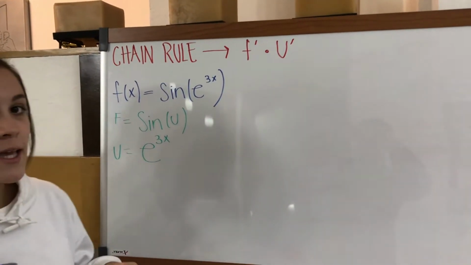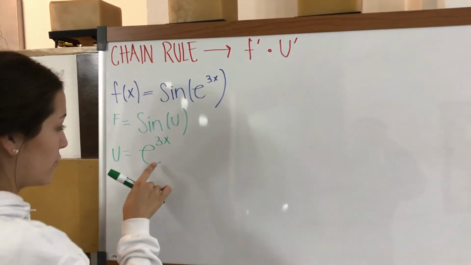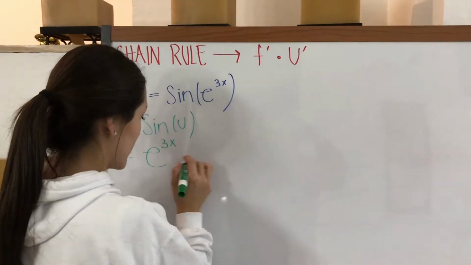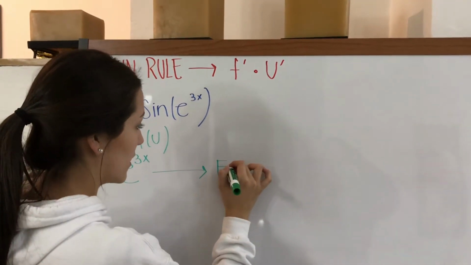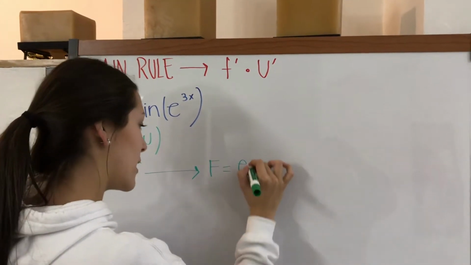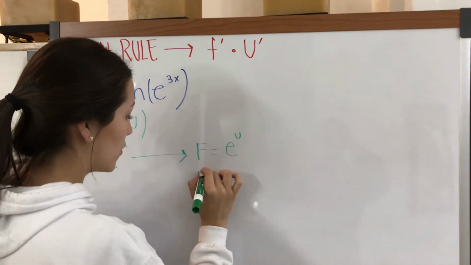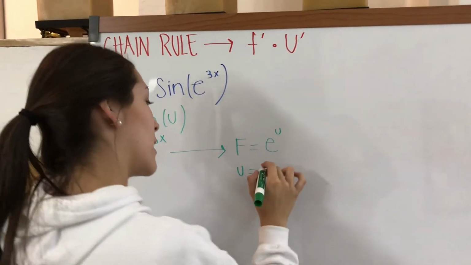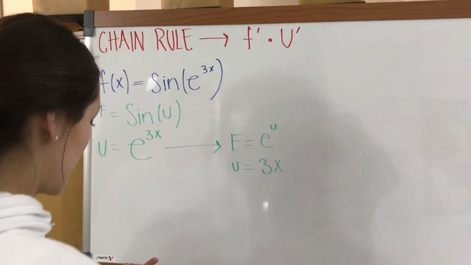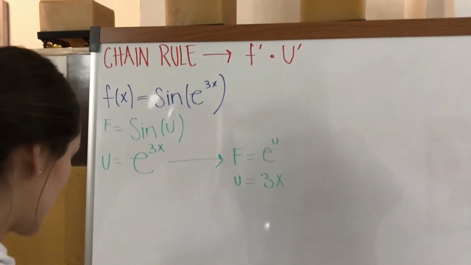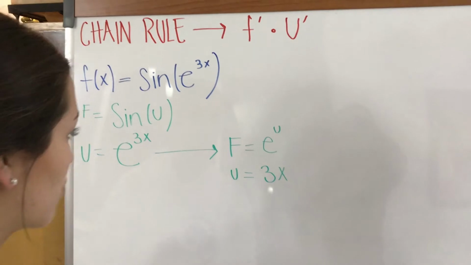So we have to make a new chain rule for this, for the u. So f is equal to e to the u, and u will be 3x.